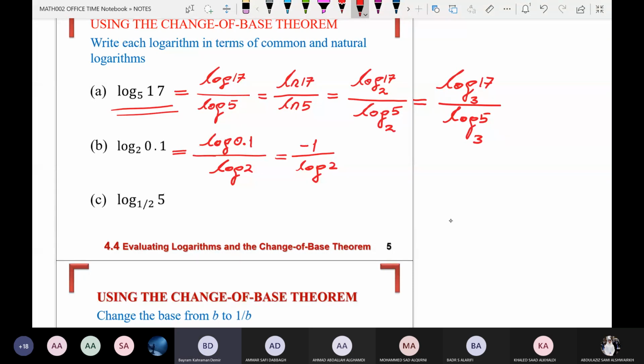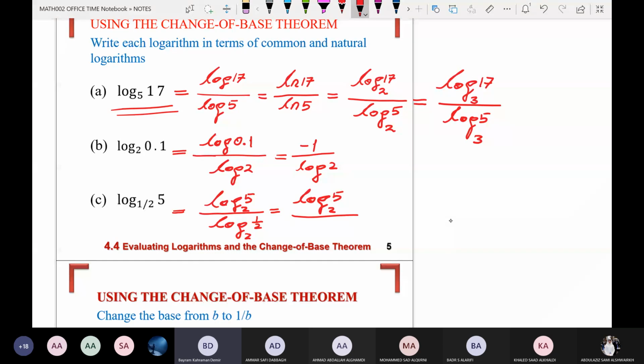Maybe let's change this base, Shabab. Let's change the base to 2. We have base half. So it's going to be logarithm of 5 base 2 divided by logarithm of half base 2, which is equal to logarithm of 5 base 2 divided by logarithm of half with base 2.